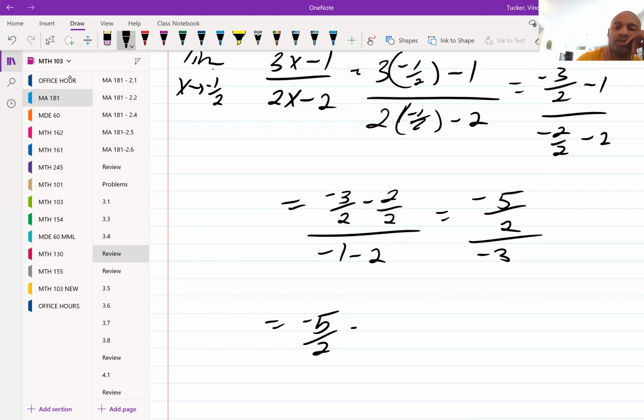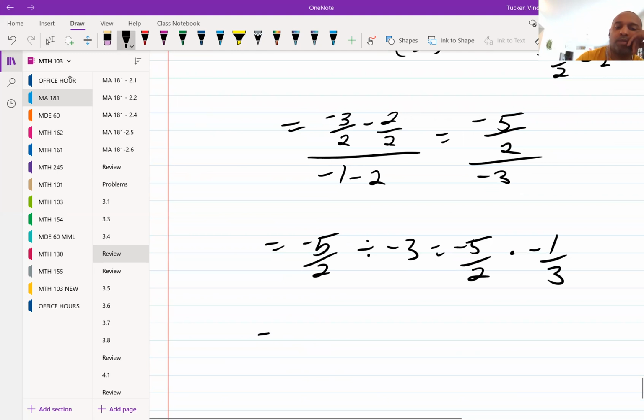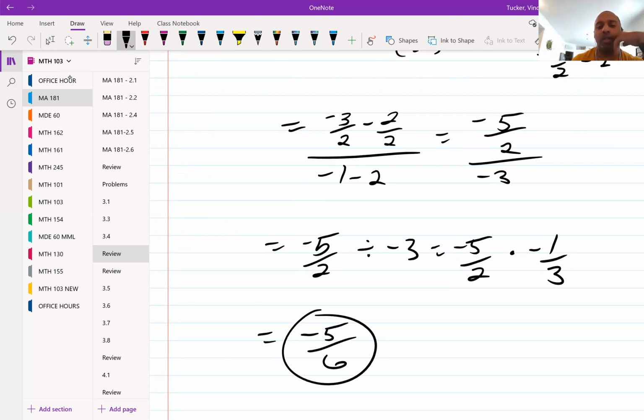Negative 5 over 2 divided by negative 3 is the same thing as negative 5 over 2 times negative 1/3. Now we multiply across. Oh, not negative, sorry. Negative times negative is positive. Negative 5 times negative 1 will give you a positive 5. 2 times 3 on bottom will give you 6. So our answer should be 5/6.